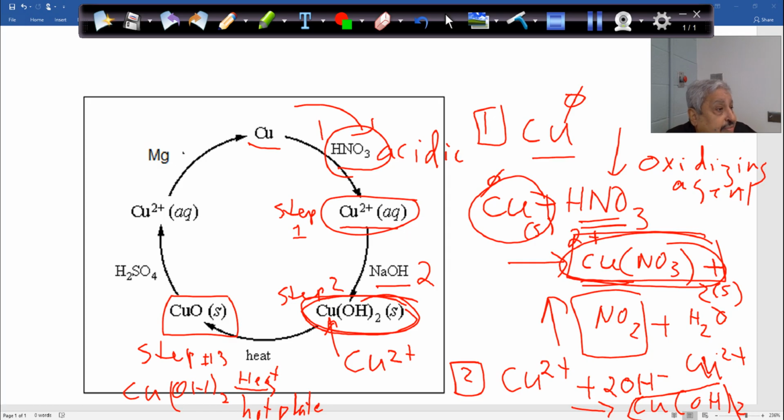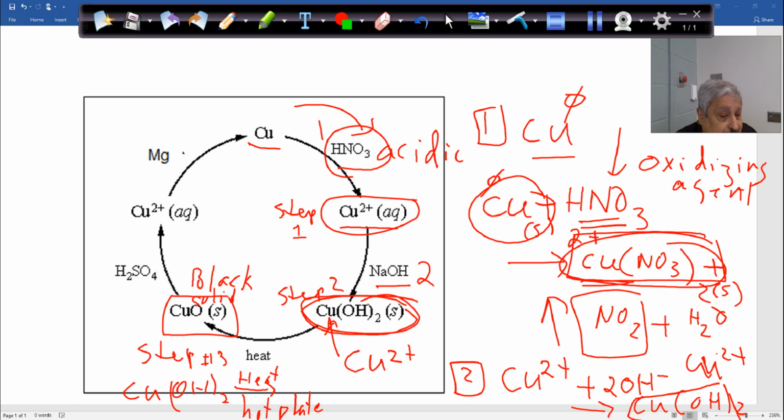We'll see if the hot plate is doing it, or otherwise we can use open flame. But I don't like open flame. If we need the open flame, we'll use it, because in the next step, step 4, you will add an acid to this copper oxide. That's a black precipitate. This is a black solid, correct?